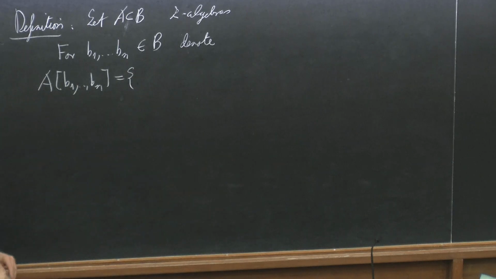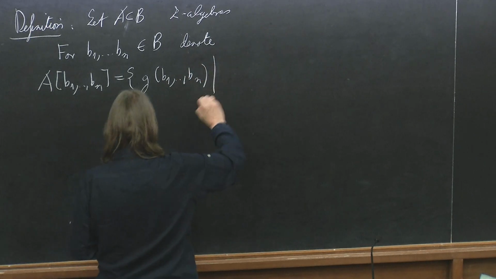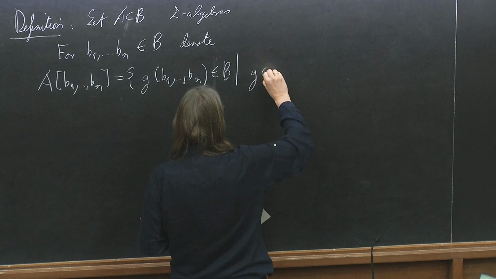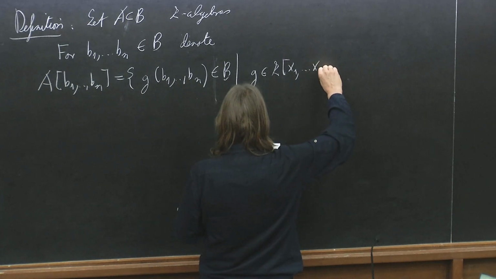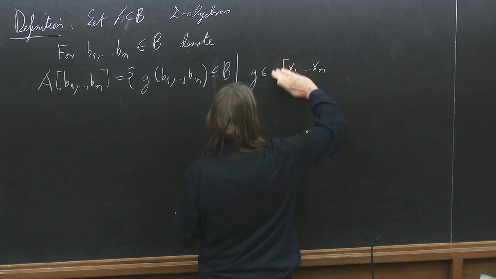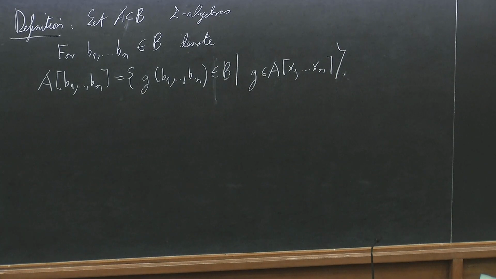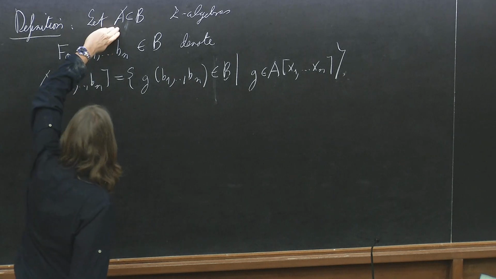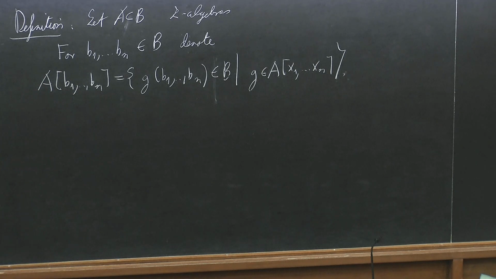So this is just all polynomials in the Bi with coefficients in A. So this is the set of all G(B1, ..., Bn), which are obviously elements in B, such that G is a polynomial in n variables with coefficients in A. So it's clear that this is the smallest ring, or the smallest K algebra, which contains A and these elements B1 to Bn.